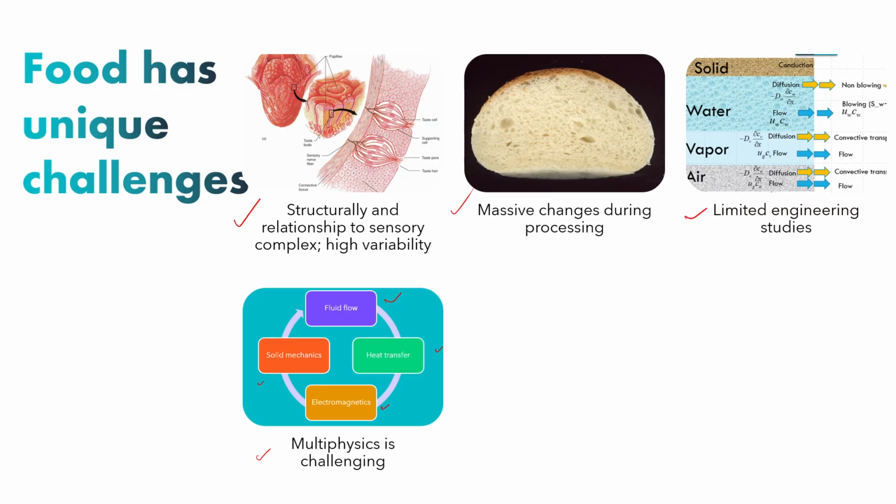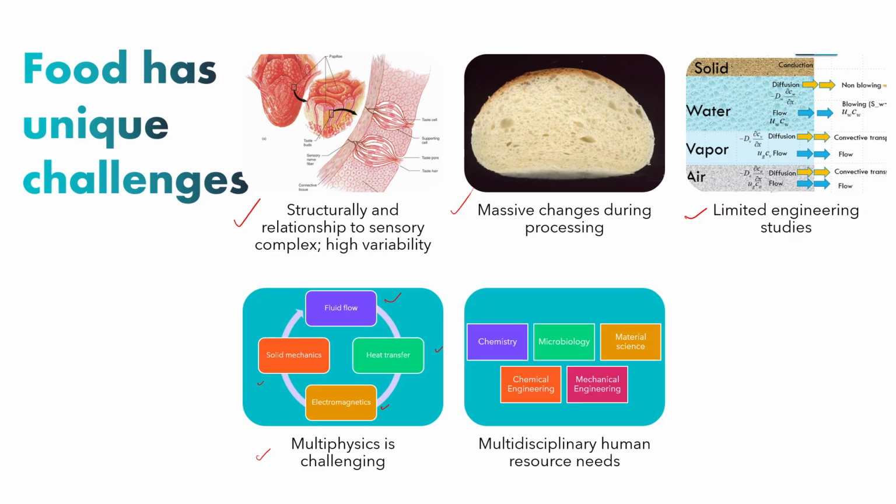So it's no surprise that food process models are challenging. And then it often requires multidisciplinary human resource needs, because food involves chemistry, microbiology, material science, chemical engineering, mechanical engineering, all. So these multidisciplinary human resource needs are often there for food.